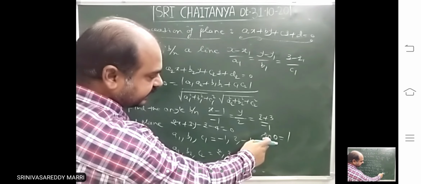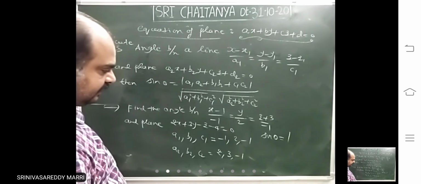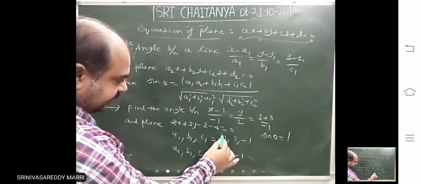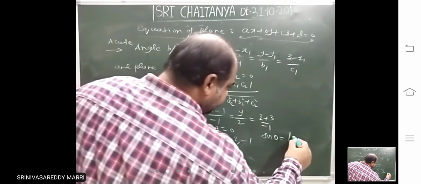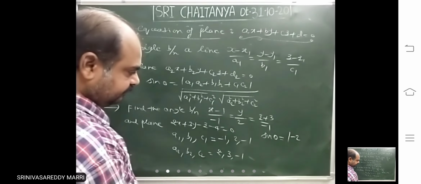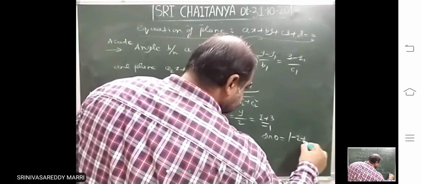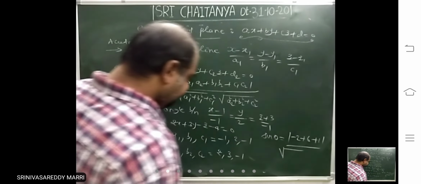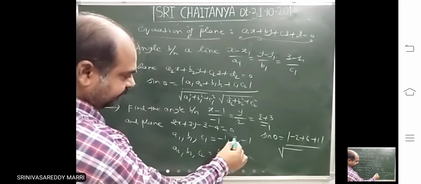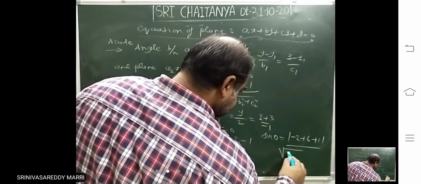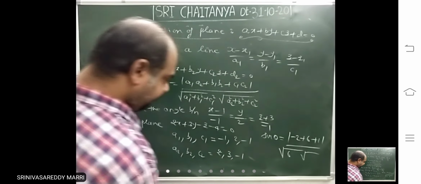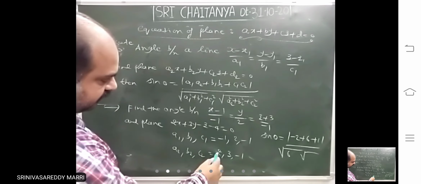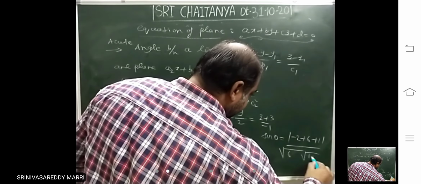Don't forget, you don't write cos theta, you write sin theta. So sin theta is the modulus of A1A2 terms: minus 2 plus 6 plus 1, divided by root of 1 plus 4 plus 1, that is root 6, into root of 4 plus 9, 13, plus 1, 14.